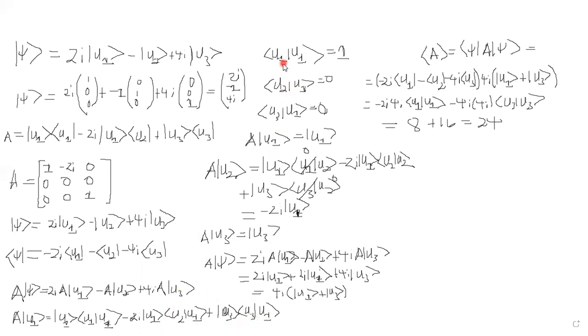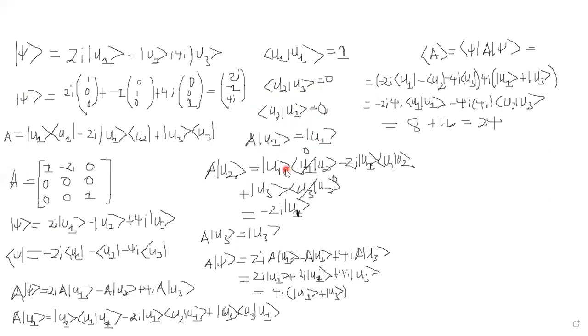Like I said earlier, U1, U1 is 1, U2, U1 is 0, U3, U1 is 0. Don't get that mixed up with the actual state vector. These are basis vectors, like unit vectors. So these disappear to 0, and when you operate on the U1 basis, you get U1.